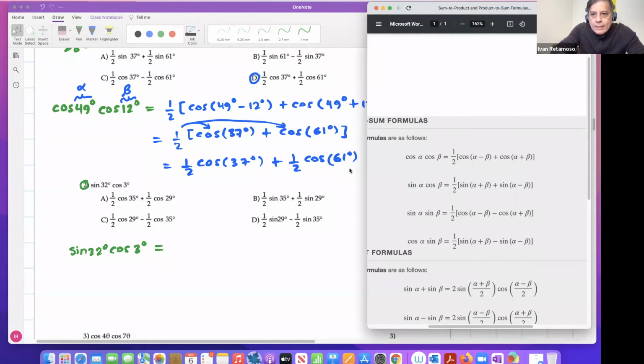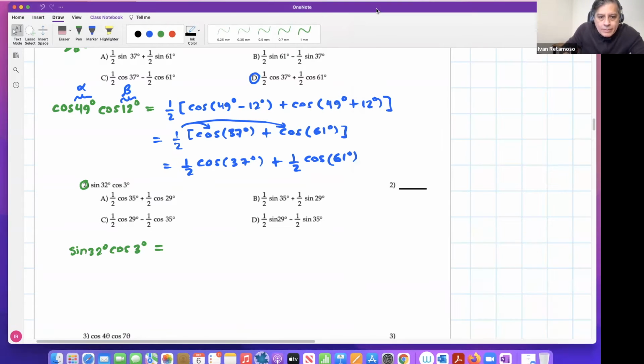Okay. All right, let's do this together. This will be equal to 1/2 of, remember, first was sine of the sum. The sum going to the formula. So 32 degrees plus 3 degrees, plus then was sine of the difference, the second formula, 32 degrees minus 3 degrees.